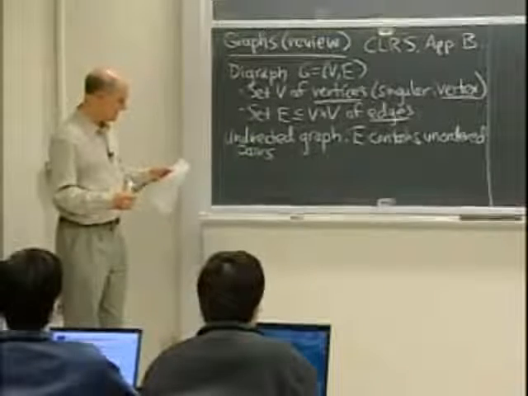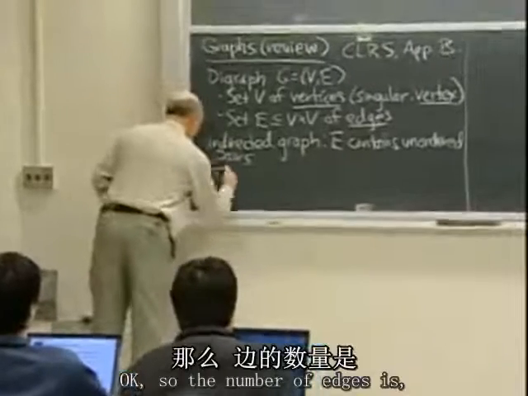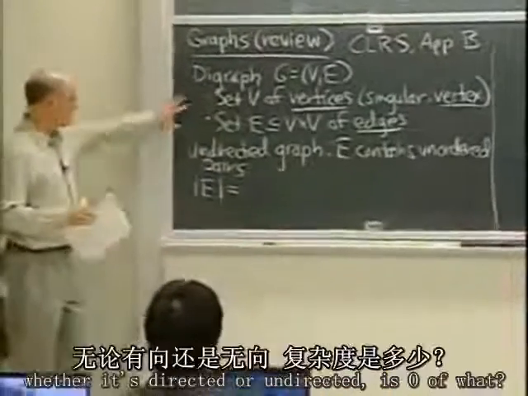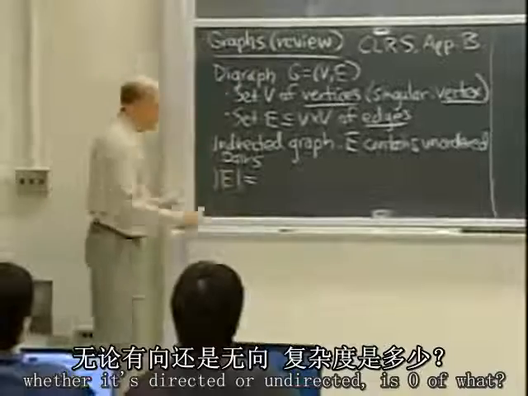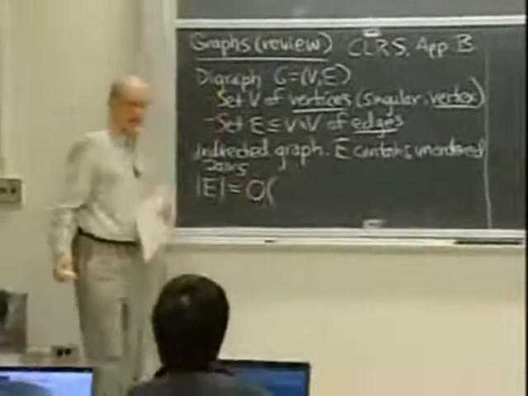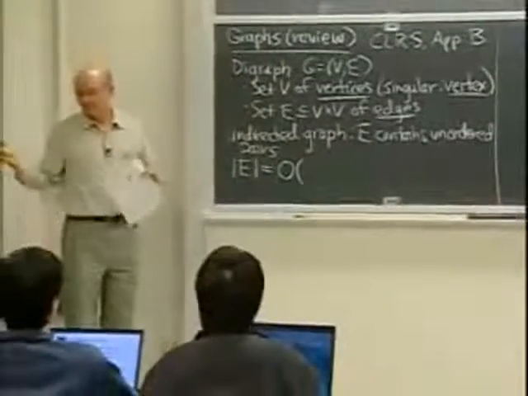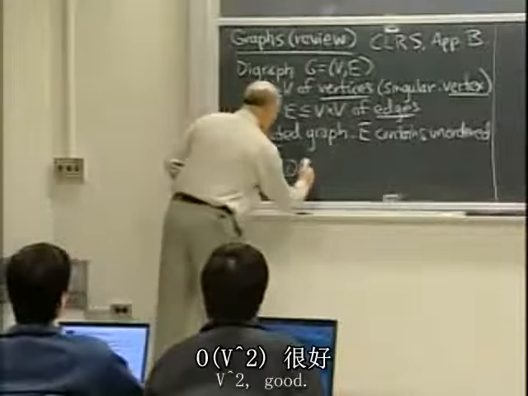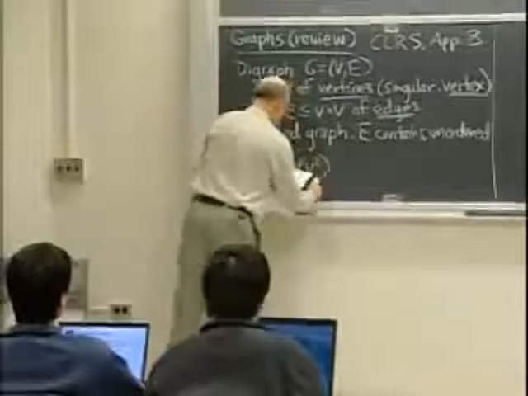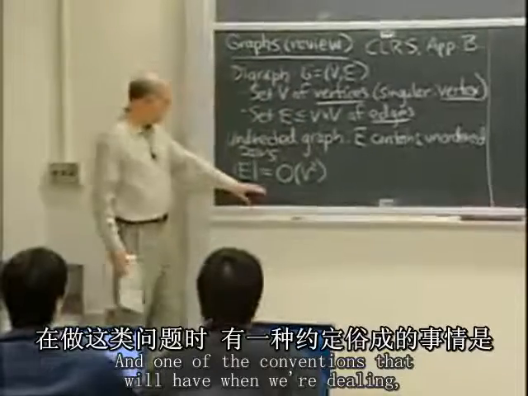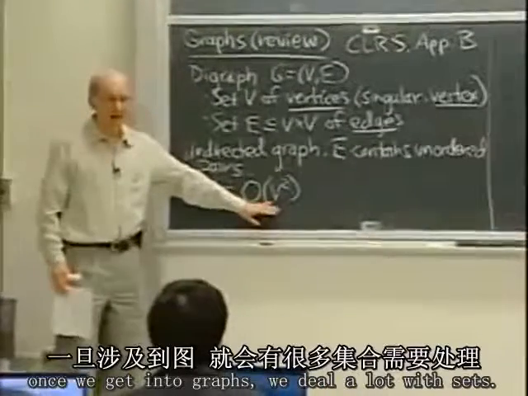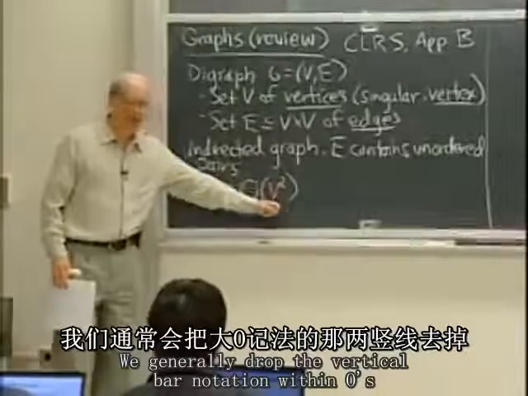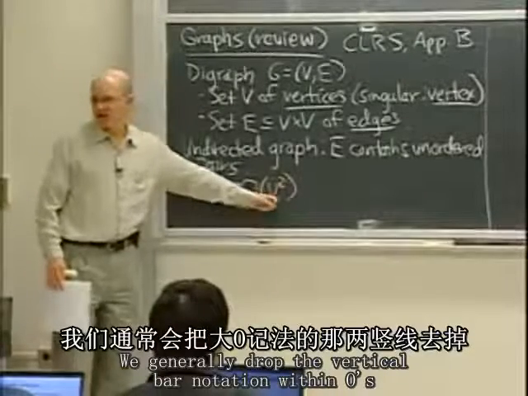Good. So the number of edges, whether it's directed or undirected, is O of what? V squared. Good. One of the conventions we'll have once we get into graphs, since we deal a lot with sets, is that we generally drop the vertical bar notation within O's just because it's implied.